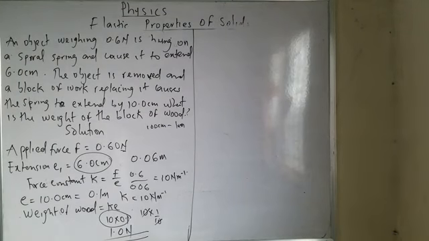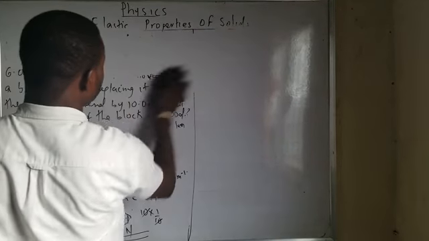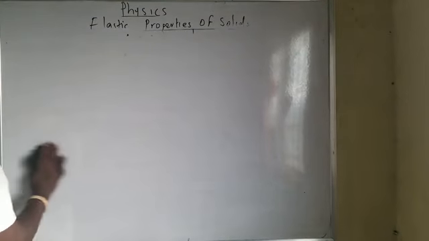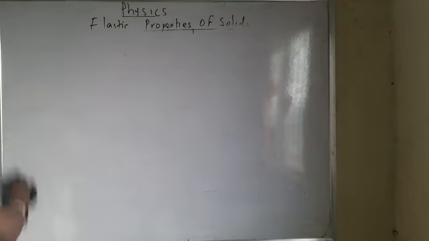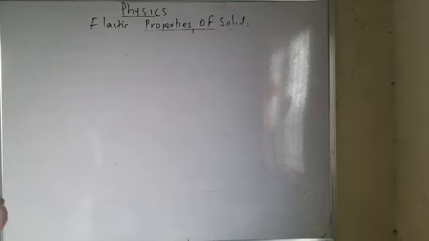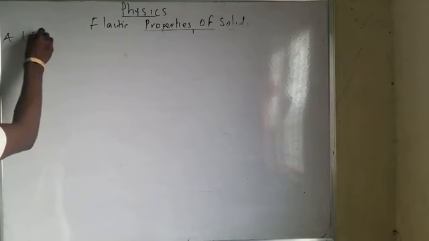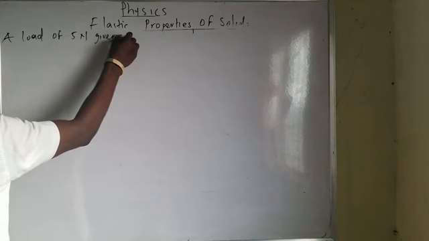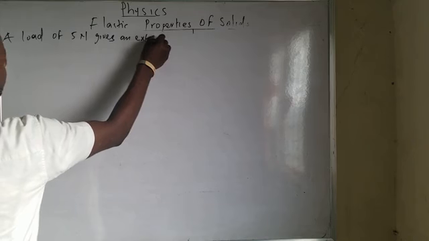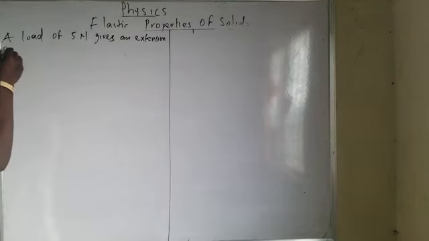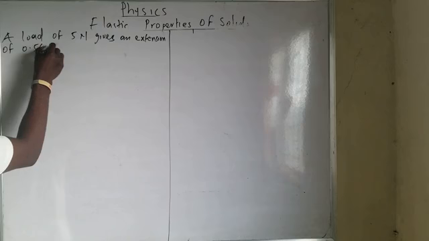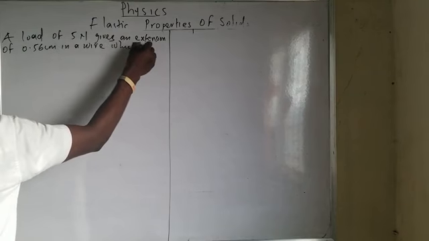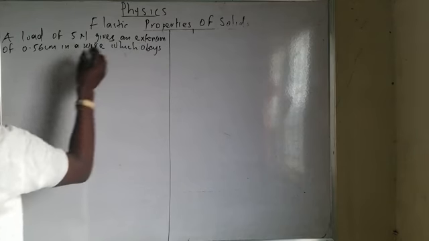Let me get another question that can really help us. Now, a load of 5 Newton gives an extension of 0.56 centimeter in a wire which obeys Hooke's law.